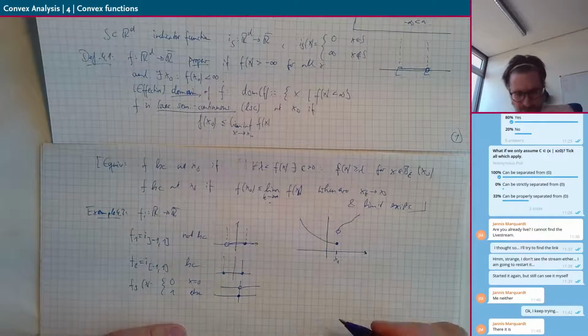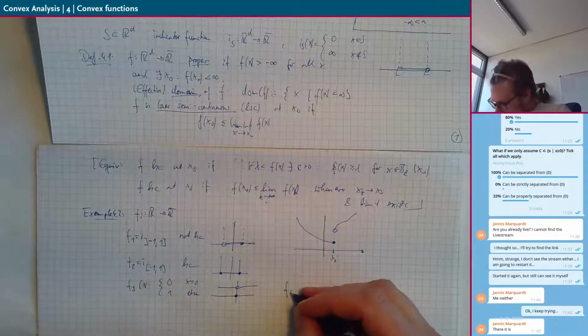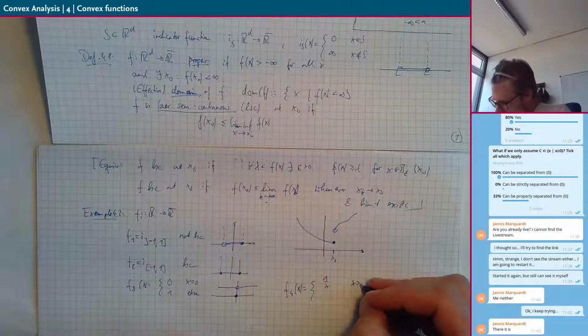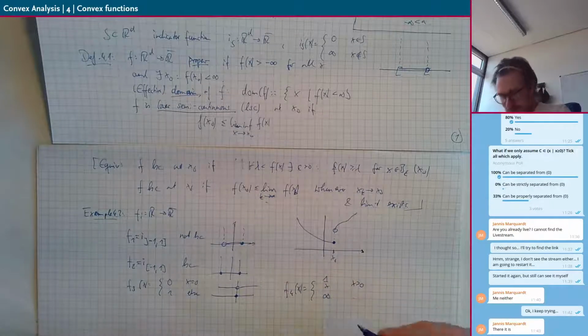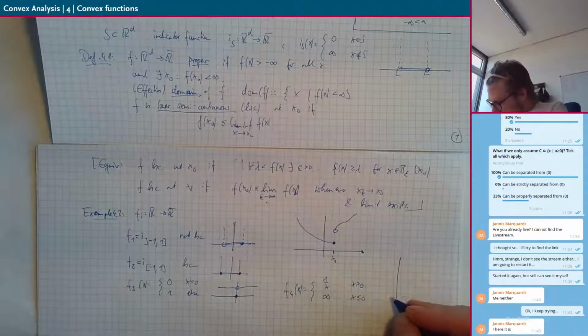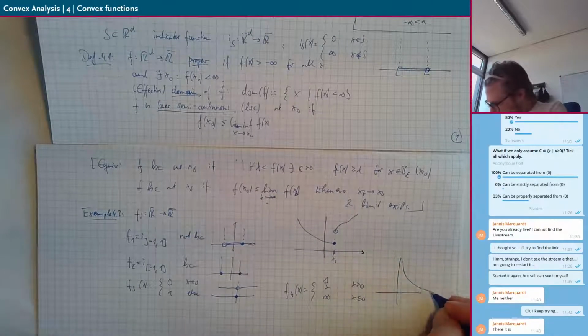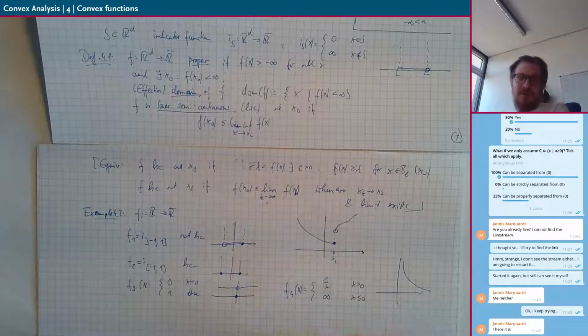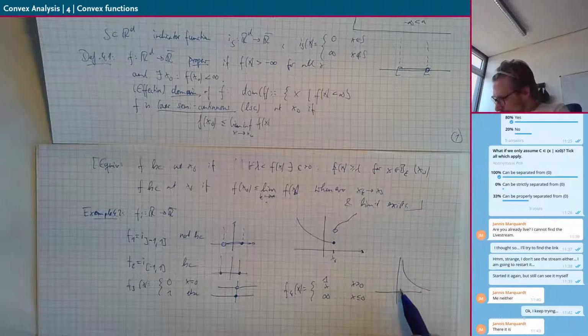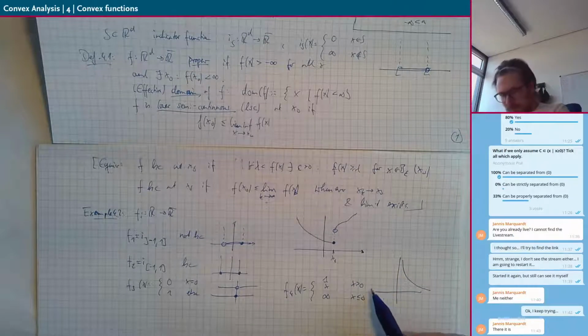Another thing we could do is take the function 1 over x for positive x, and then say we stay at plus infinity over here. The graph would go like this, and on the left hand side the value is always plus infinity. In here we don't have any problems because we are always at infinity.